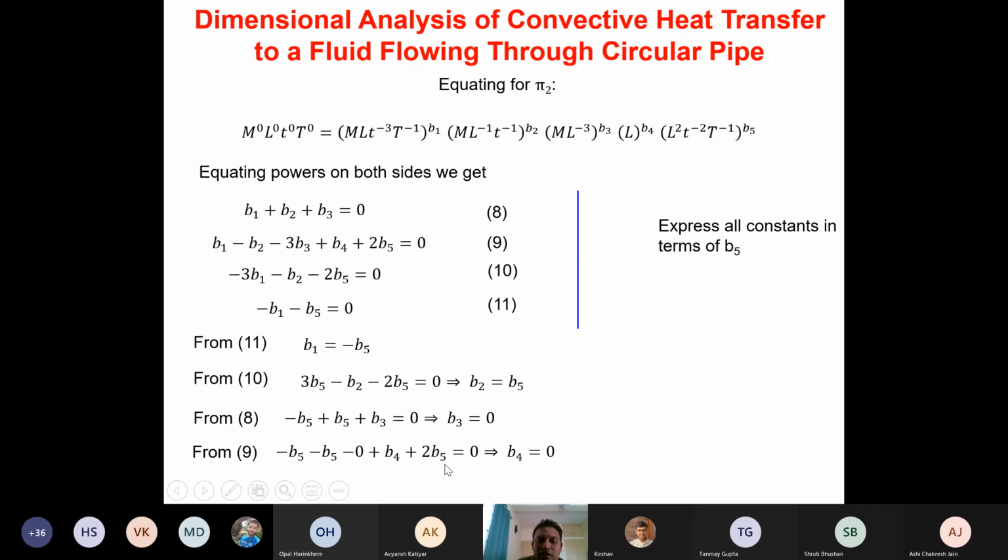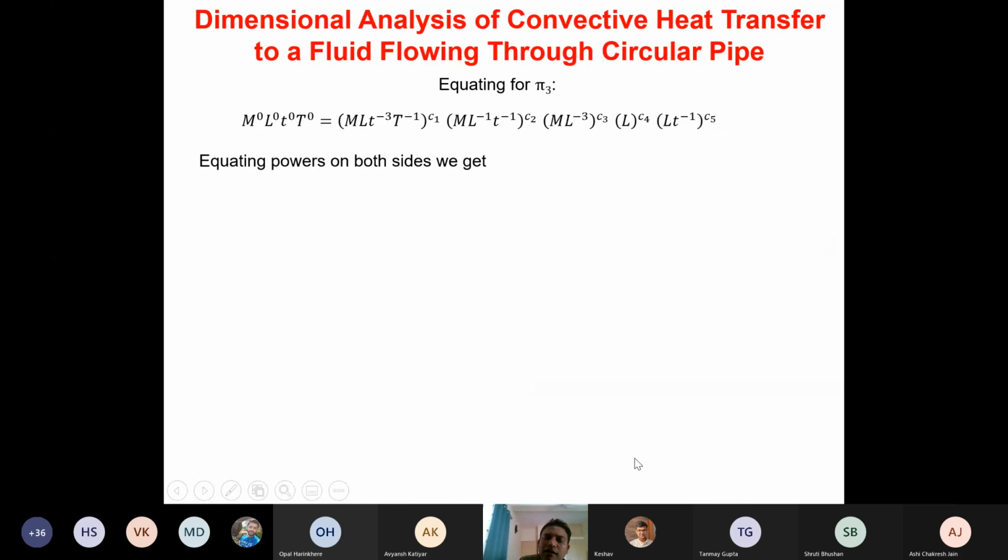And similarly from 9 we can obtain B4 equals 0. So we can put it in the equation of pi2. This is the expression for pi2. So here B1 is minus B5, B2 is B5, B3 is 0, B4 is 0, and B5 equals B5. By collecting all the exponents here, what we get is Cp mu by K. This is nothing but the Prandtl number.